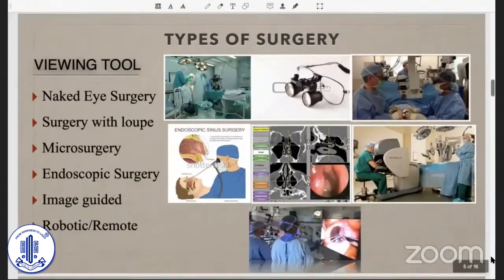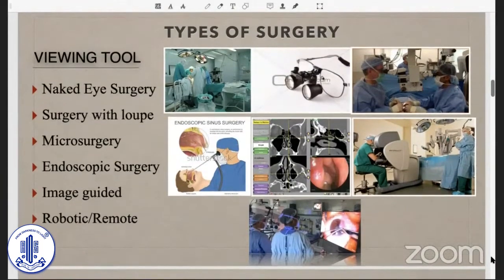Coming to how the 3D is different from our routine surgery: if you classify the types of surgeries, we started with naked eye surgery, then surgery with a loupe, then microsurgery if you use the microscope, and endoscopic surgery if you use the endoscope.